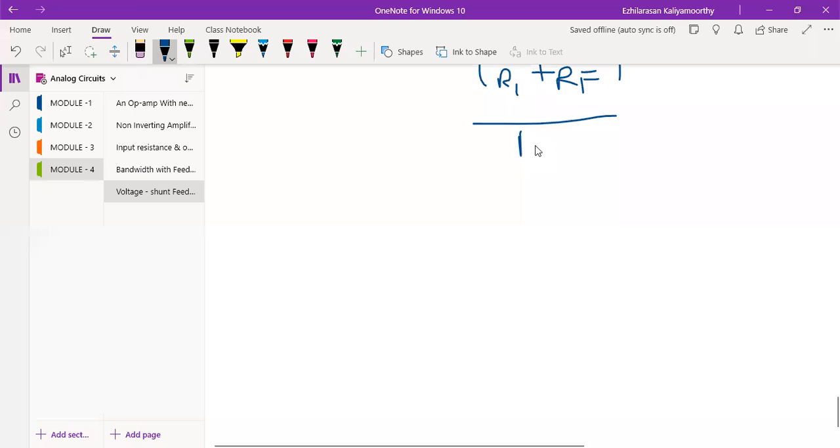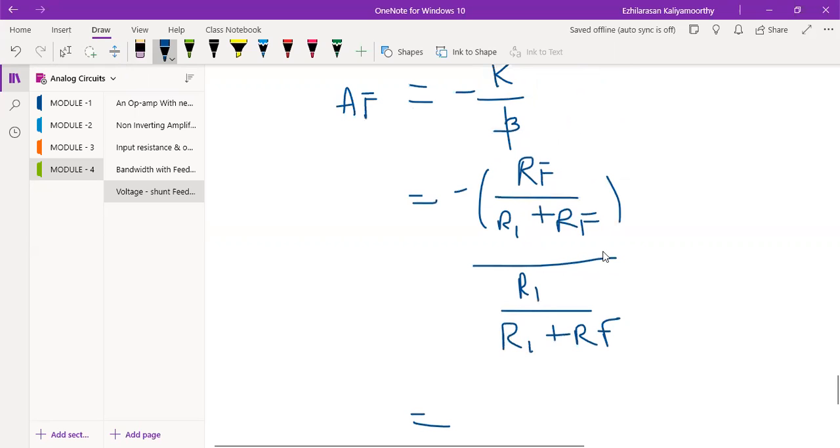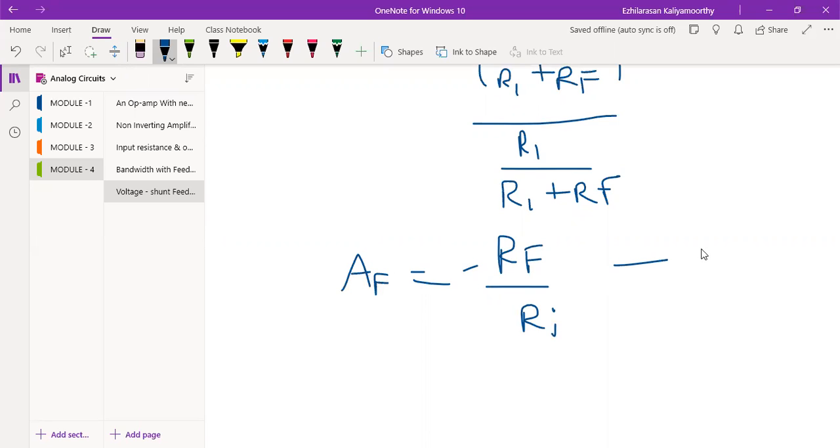Beta is nothing but R1 divided by R1 plus Rf. Now the denominators get cancelled, and I get minus Rf by R1. That is nothing but your AF. This is expression number 10.